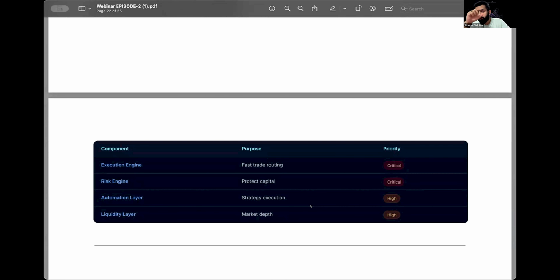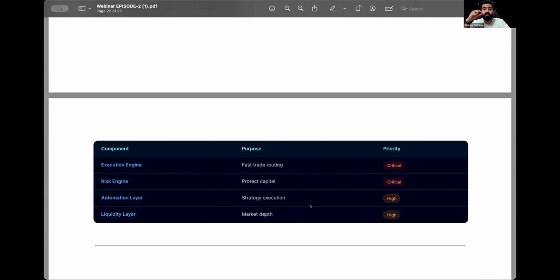Trader A blew up his whole account, and trader B kept on trading, kept on consistently making profits because the risk determination was accurate. So our platform has a strategic, well-equipped risk engine that protects your capital and that we have kept critical priority at.